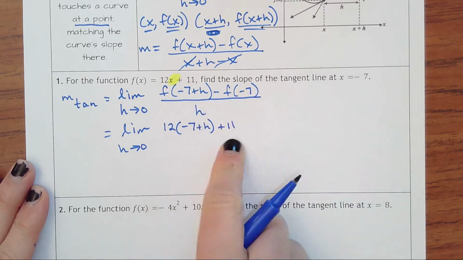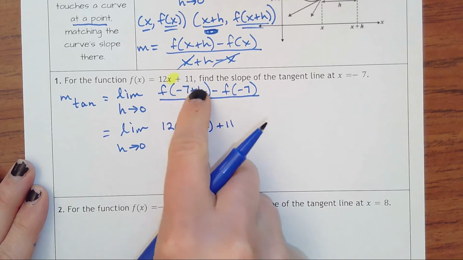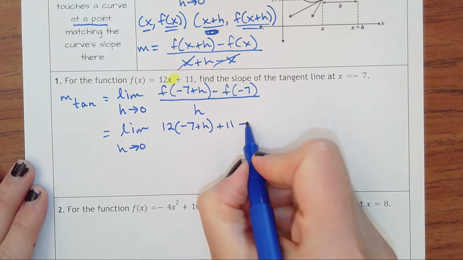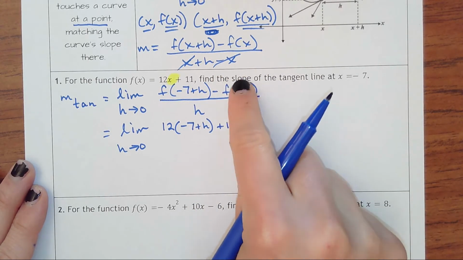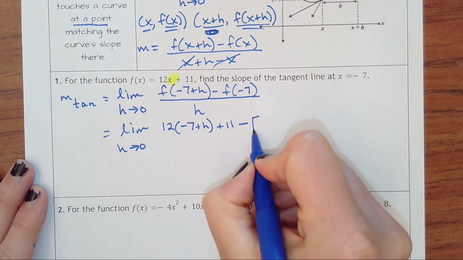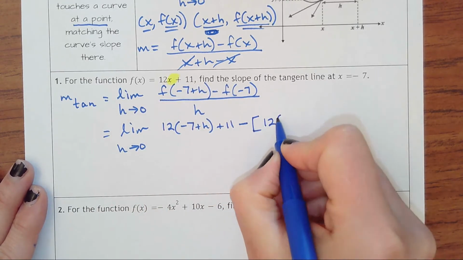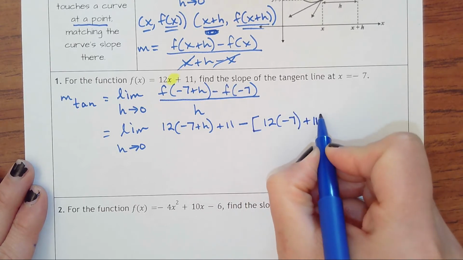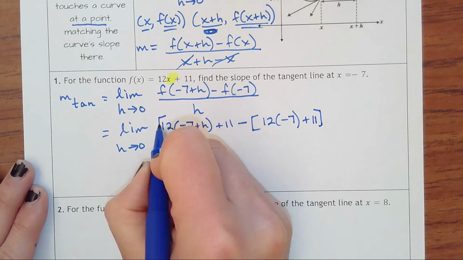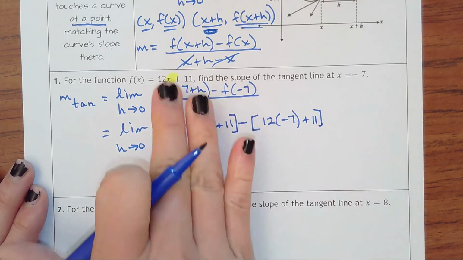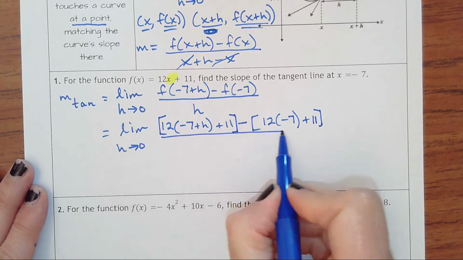So see how this function's exactly the same, but I plugged this in. Then minus f of -7 says to take this -7 and put it in x here. So minus, and I'm going to do brackets, 12 times -7 plus 11. And if you want, you could put brackets around this to show that this went together. So this is this piece, this is this piece, and then this is all divided by h.